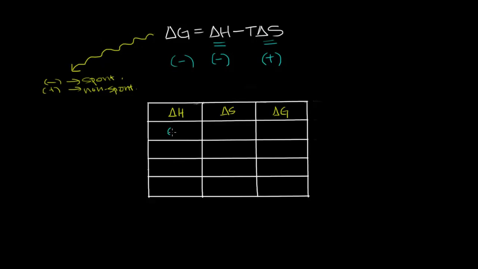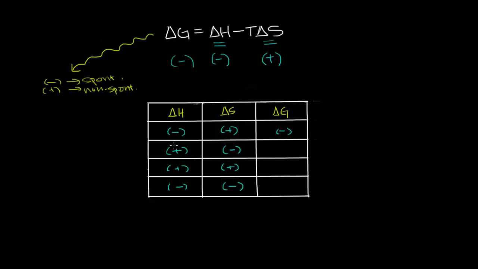We've said that when delta H is negative and delta S is positive, delta G will be negative. But of course, there are other combinations too. Delta H could be positive and delta S could be negative, or both delta H and delta S could be positive, or delta H and delta S could both be negative.